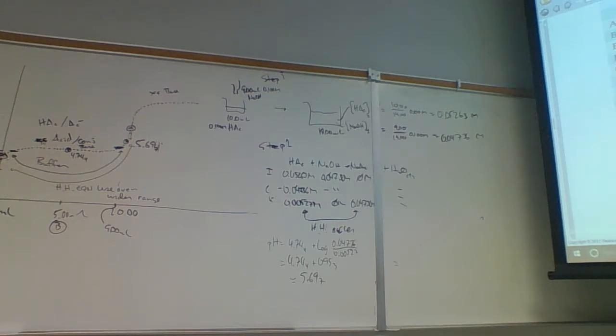And so let's take a look at that here. Let's say I wanted to figure out how many milliliters it would take to hit a pH of 3.20. Let's look at some alternate calculations in the buffer region.